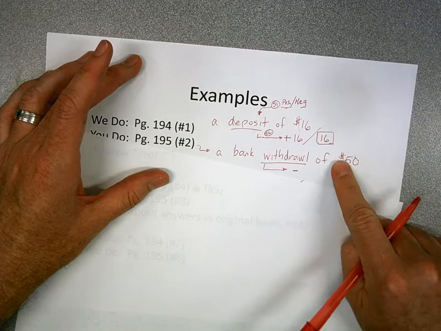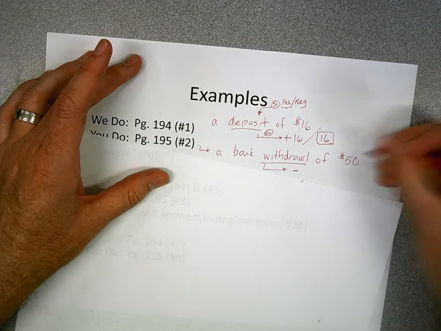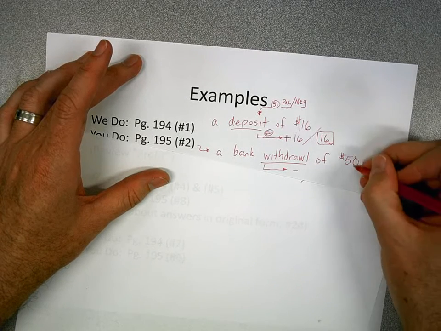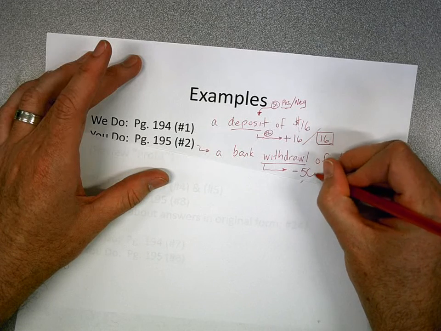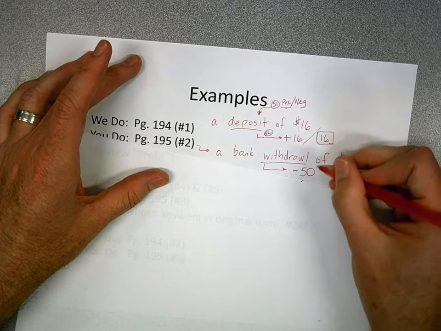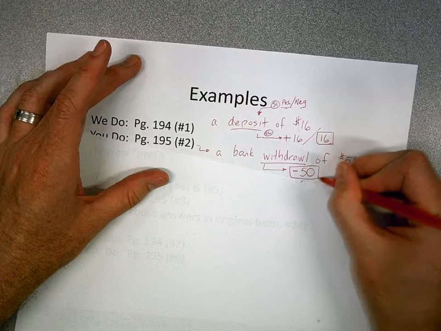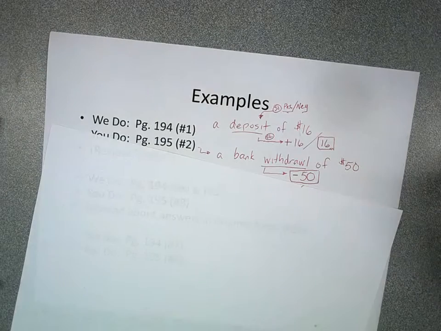Remember, do not put the dollar sign because we're looking at just an integer, and the numerical value of that is just 50. So we have negative 50. We're just talking about real life circumstances when it comes to integers.